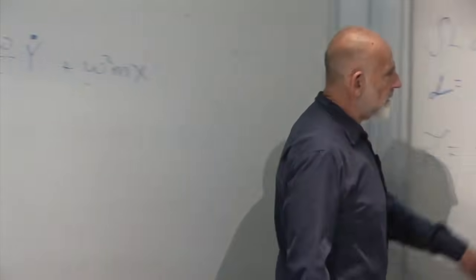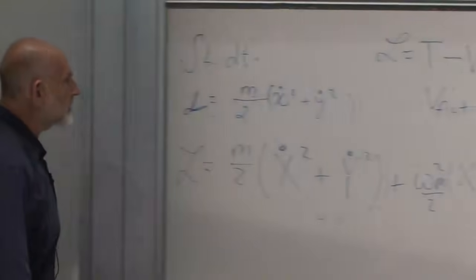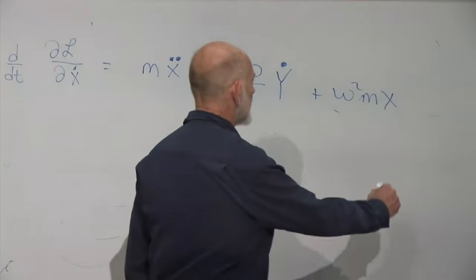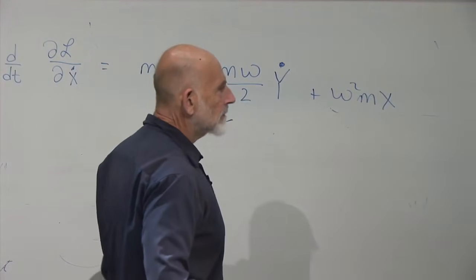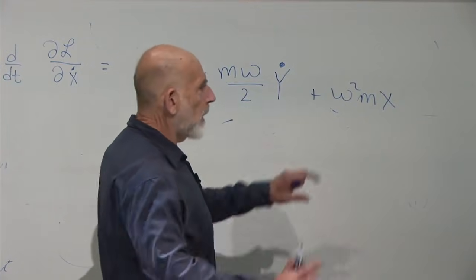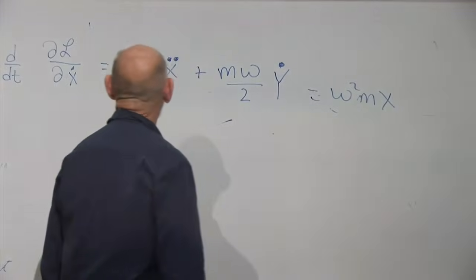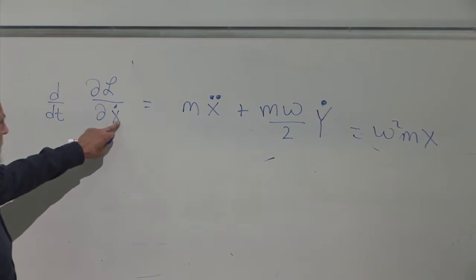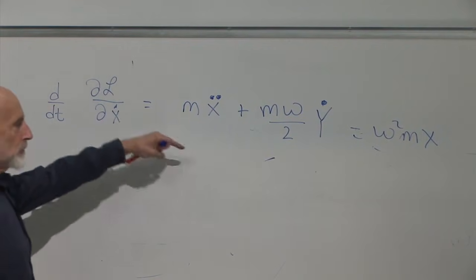And it depends on x over here. That's minus m omega over 2 times y dot. Plus or minus? Oh, sorry, wait. We're supposed to set this equal to this, right? Yeah. Partial of L with respect to x dot equals partial of L with respect to x.